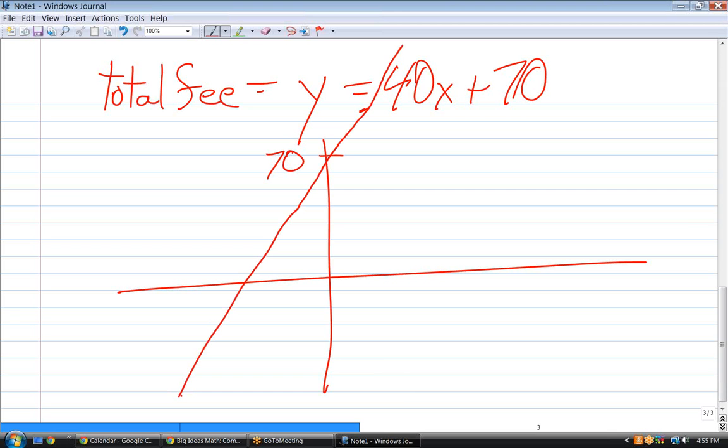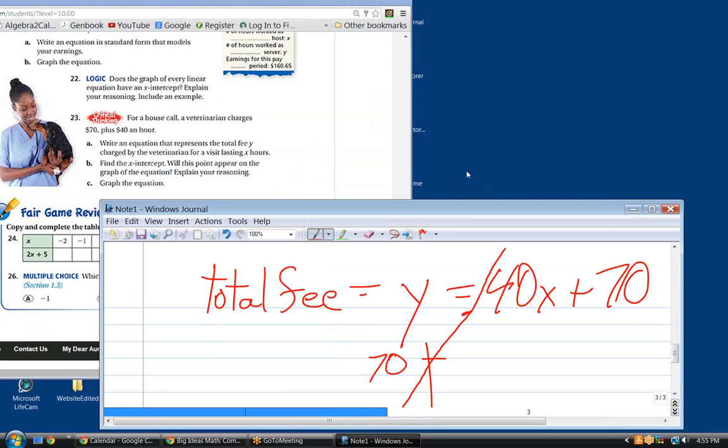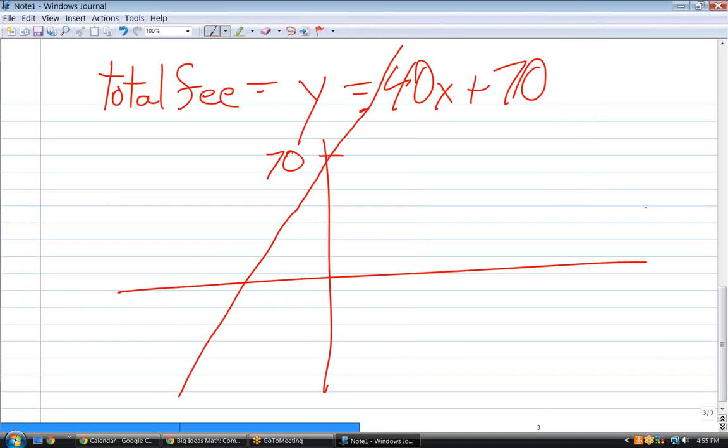What does the y-intercept indicate? Let's see, what do they ask here? Find the x-intercept. Will this point appear on the graph of the equation and explain your reasoning? Okay, so when you originally go to the vet, there is an original cost of $70 before anything happened.